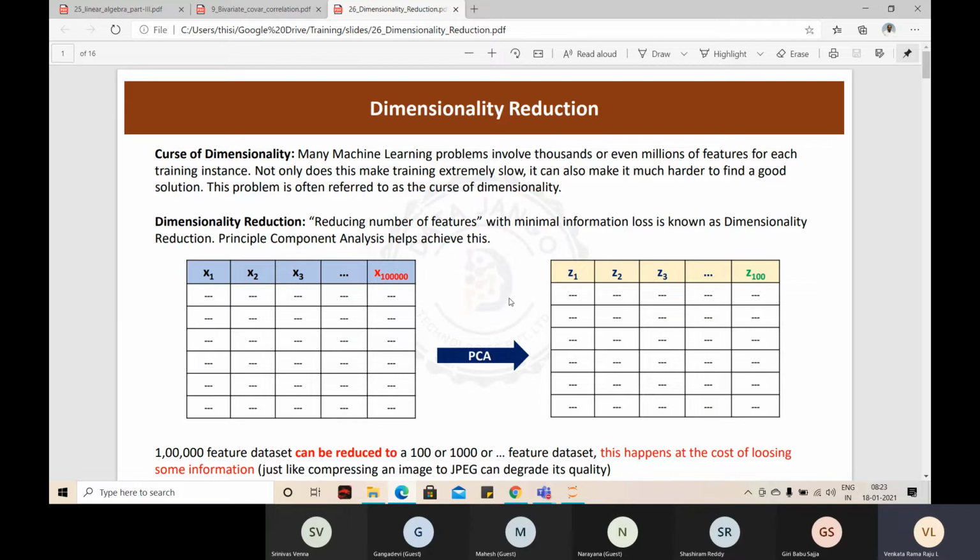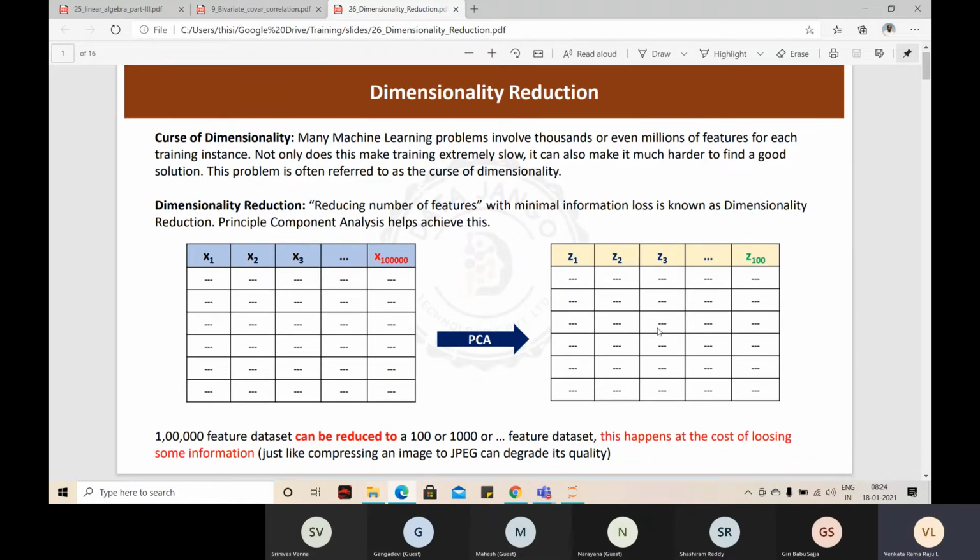The major point we need to remember is, when you take a 10,000 or 100,000 column data set and try to reduce it to 100 columns, you should make sure the essence of the data is not lost. It is not like you are going to just eliminate some columns. In our initial linear regression assumptions, we understood multi-collinearity.